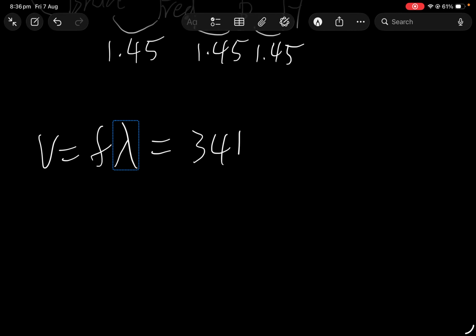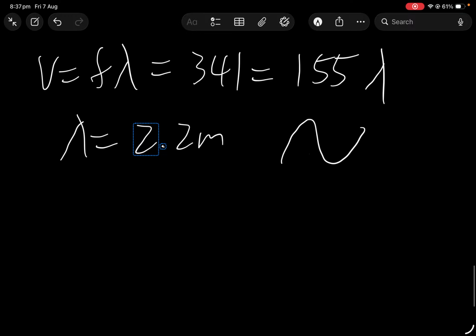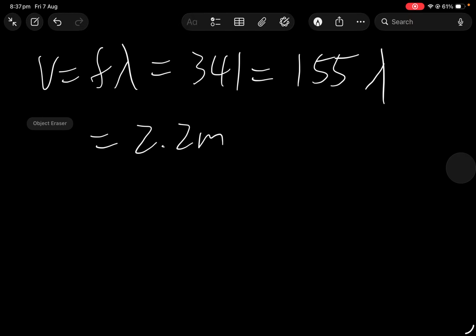So 341 equals 155 lambda, which means lambda equals 341 divided by 155, which equals 2.2 meters. That's the wavelength. So the wavelength is 2.2, and it continues like that, another 2.2. That's the wavelength.